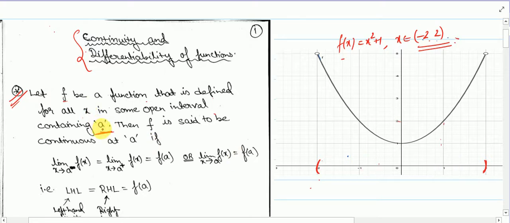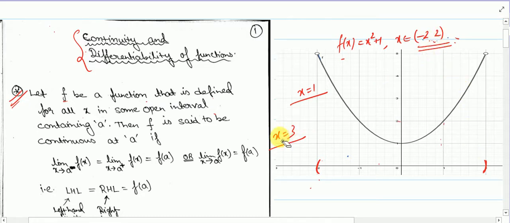And here I had discussed continuity for x equal to 1. So in general we write, we are discussing continuity at a, so suppose I am discussing continuity at 1, then 1 should lie in this interval. We cannot discuss continuity at x equal to 3 because 3 is not in this interval.